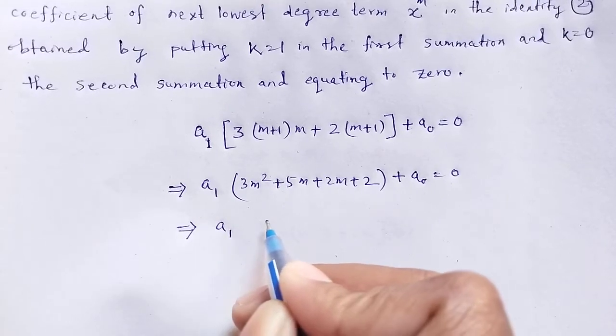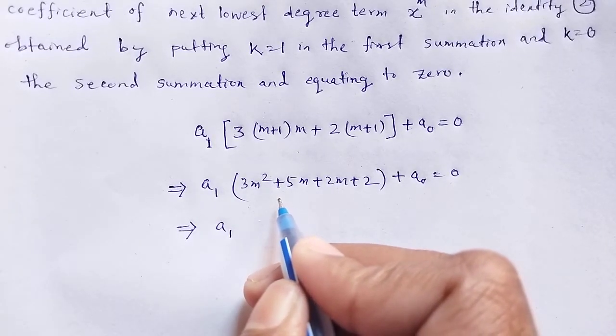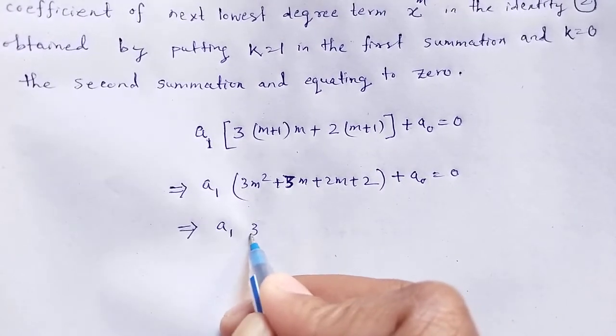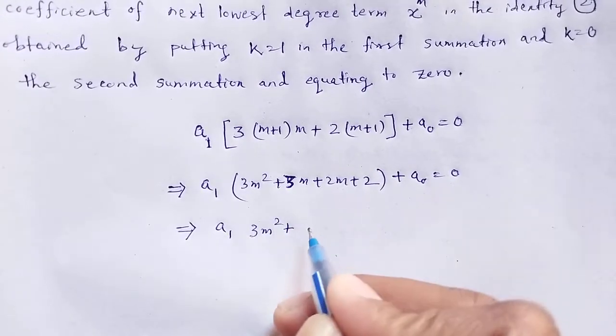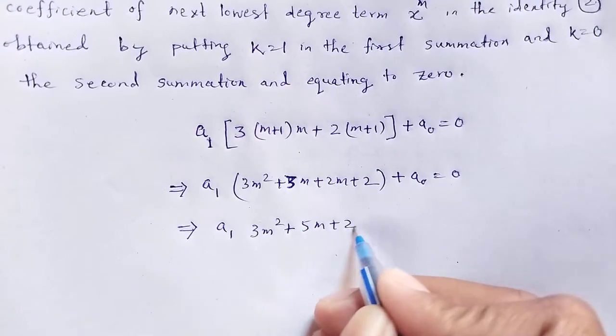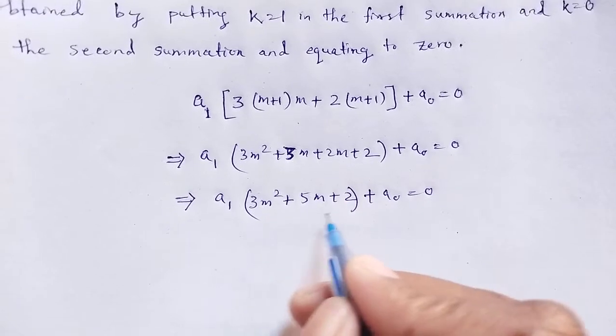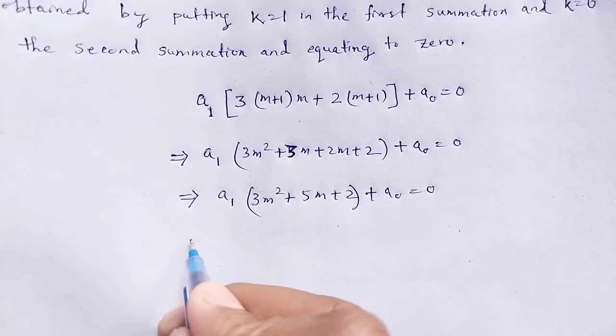a₁, that is, 3m² + 3m + 2m, that is 5m + 2, plus a₀ is equal to 0.